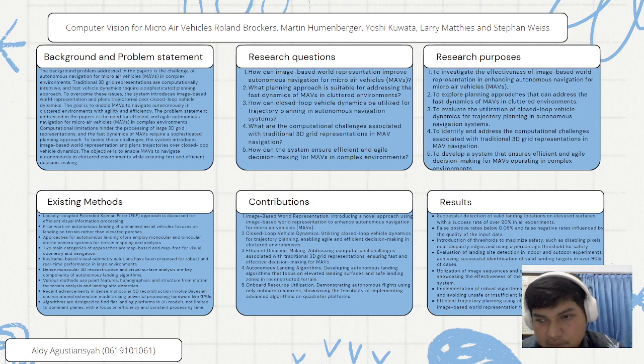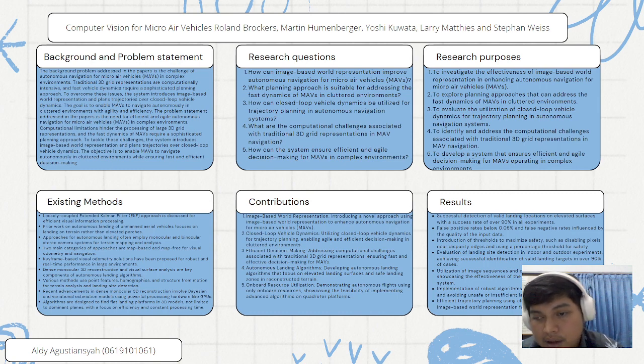Introduction of thresholds to maximize safety, such as disabling pixels near disparity edges and using a percentage threshold for safety. Evaluation of landing site detection in indoor and outdoor experiments achieves successful identification of valid landing targets over 90%. Again, this is great. Utilization of image sequences and pose data for offline analysis, showcasing the effectiveness of the proposed autonomous landing system.